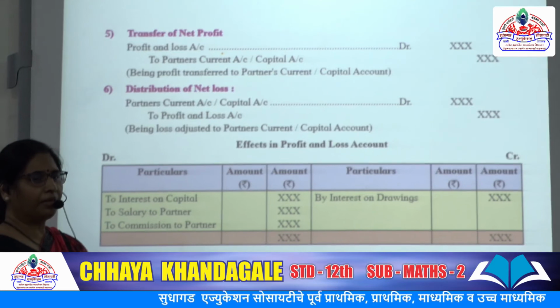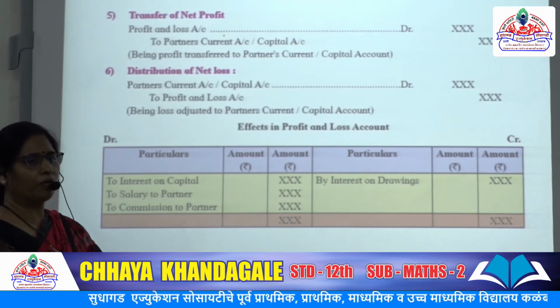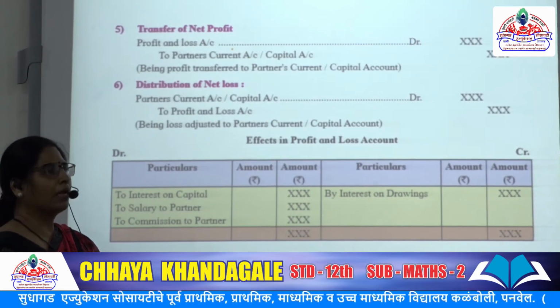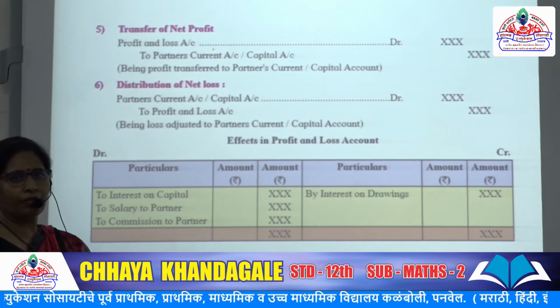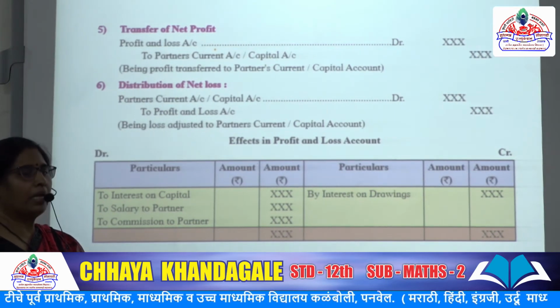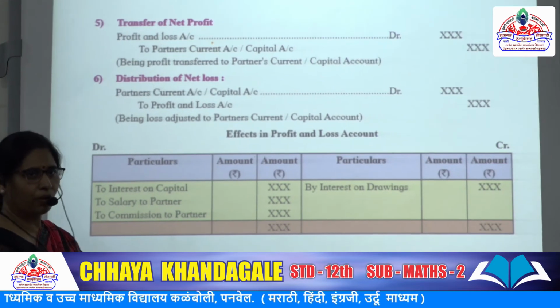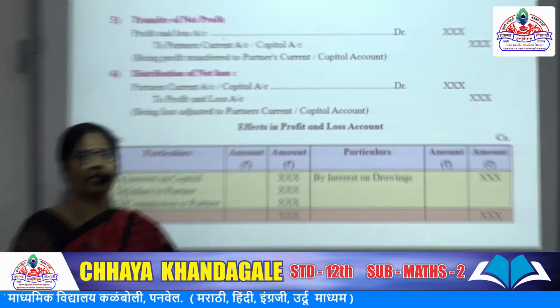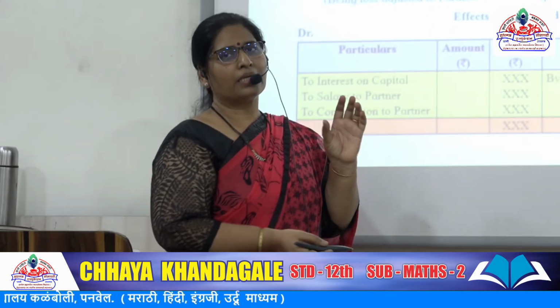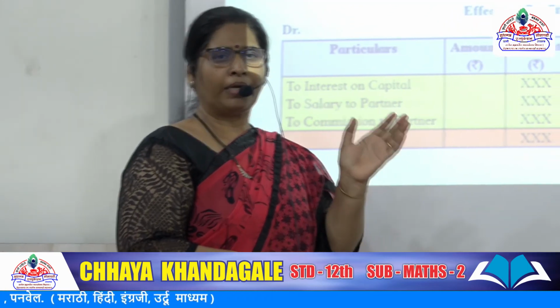Okay, now transfer of net profit. See, when you prepare a trading account, you will get a gross profit. Gross profit will be transferred to the profit and loss account. Then after deducting indirect expenses, okay, direct expenses are written on the trading account debit side and income on the credit side.